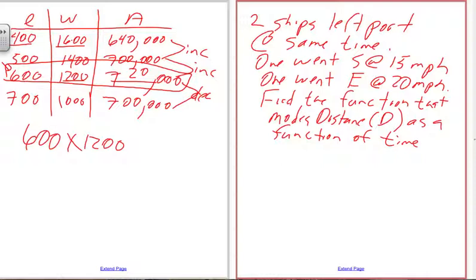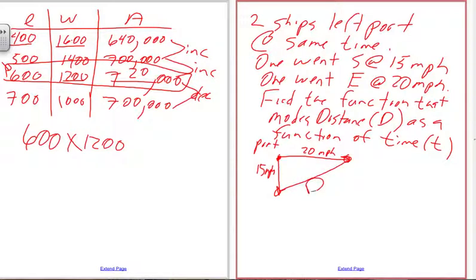Okay, so the first thing we're going to do is draw a picture. Here's my port. So I've got one going south at 15 miles per hour. And I've got another one that's going east at 20 miles per hour. And if this is where they're located in a particular time, the distance is the straight line between them.